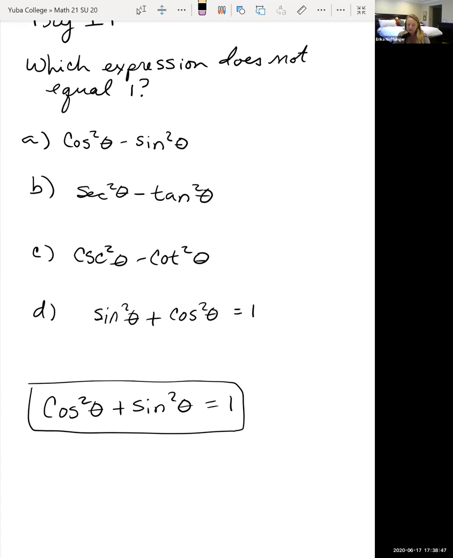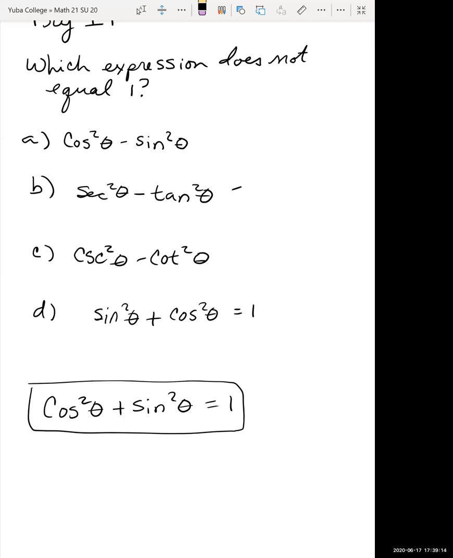What if I think of a different way to do it than looking at these identities, and these identities again are thinking of it as ratios of sides. If we go to secant squared theta, what do we know is the ratio of the sides there? This is 1 over cosine, the reciprocal of cosine.